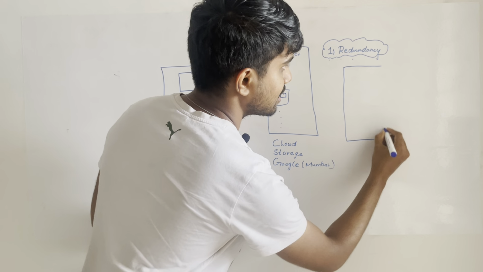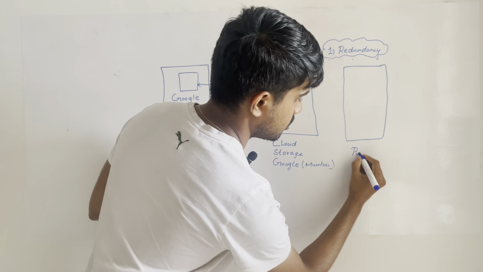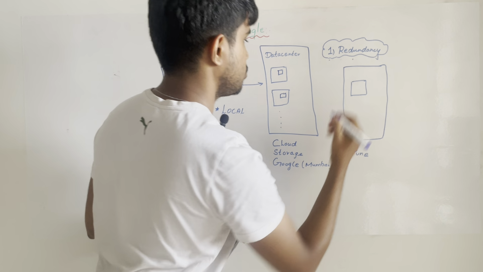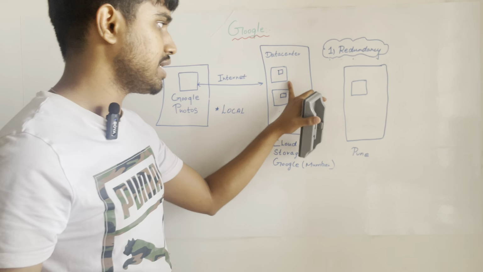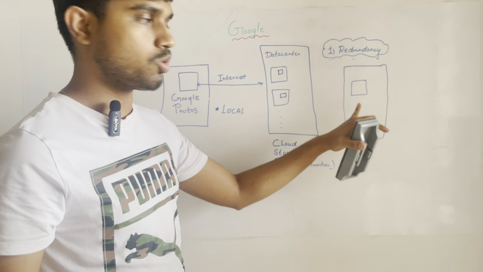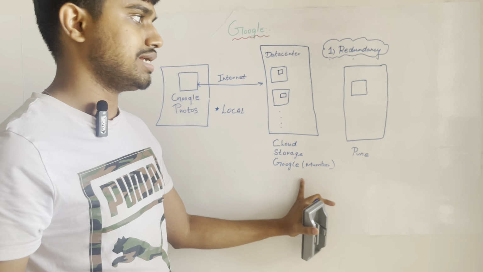Say Google has another data center in India, say Pune. So in addition to replicating the same data within a particular data center, Google also went beyond and stored a copy in a data center which is independent of Mumbai's data center, right?